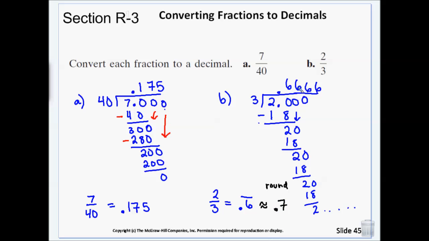Because the 6 rounds up to a 7. It's more than 5. So if we're rounding, we look at this digit to determine what happens to this one. If it's 5 or more, we round up. If it's 4 or less, we keep it the same. And this symbol right here, you'll see that a lot. That means approximate.